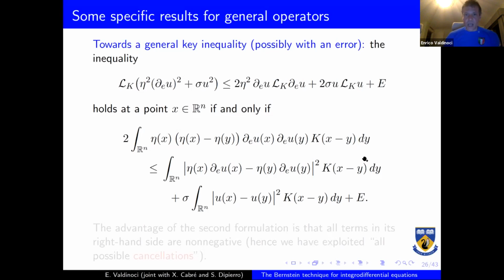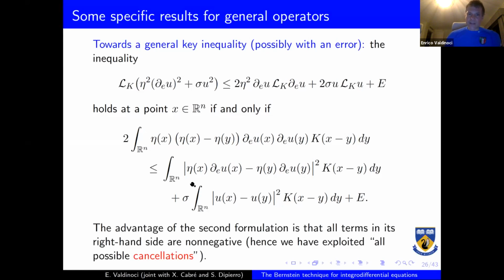Because if you see now, the right-hand side is made by positive terms. Now, E is an error. The error stays the same. So even with E equal to 0, these two formulations would be the same. You can also allow E to be non-zero here.